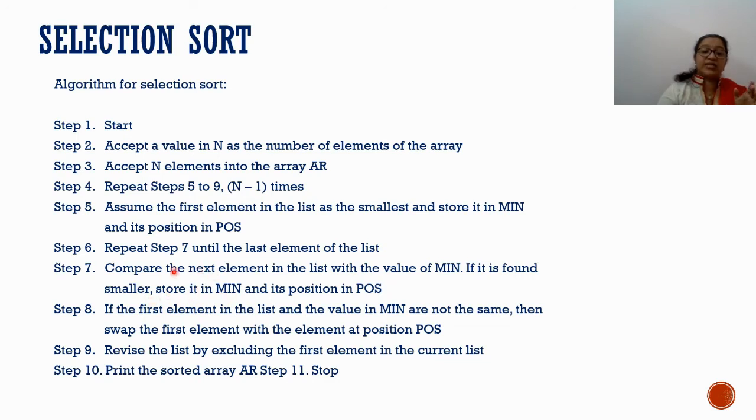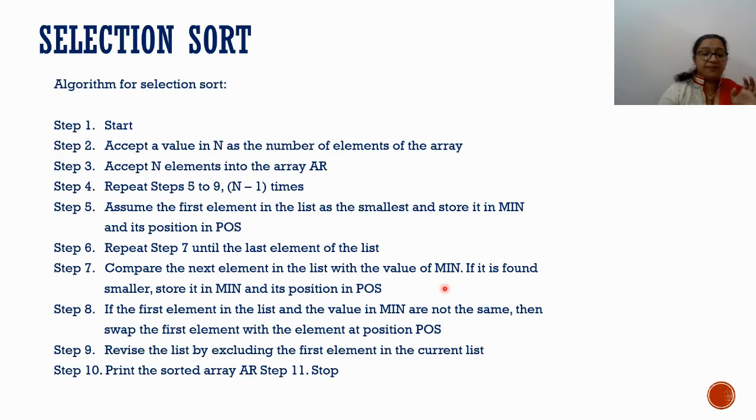We want to store that second element in min and its position in POS. We want the position of the smallest one also. Again with the third element, the fourth element, the fifth element. So until the last element of the list, we want to repeat the same process. So after this, we will get the smallest value in min and its position in POS.